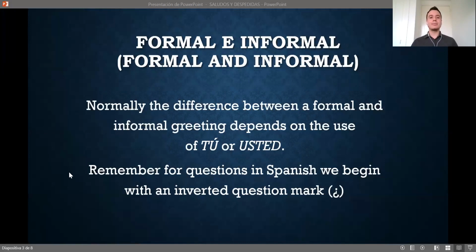It is very important for you to remember that questions in Spanish always begin with an inverted question mark, which is this symbol we have here. Different from English, where we have auxiliaries like do, does, and did, in Spanish we only have this question mark at the beginning of the question, all right?